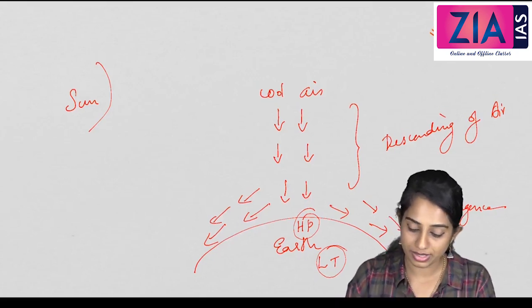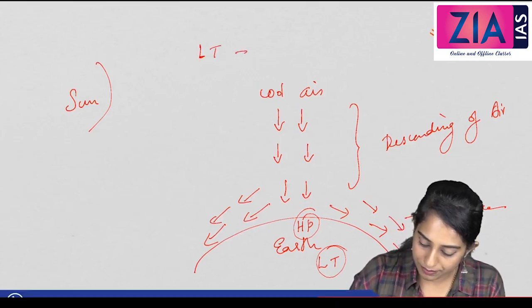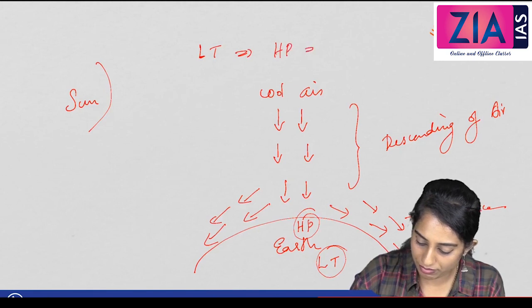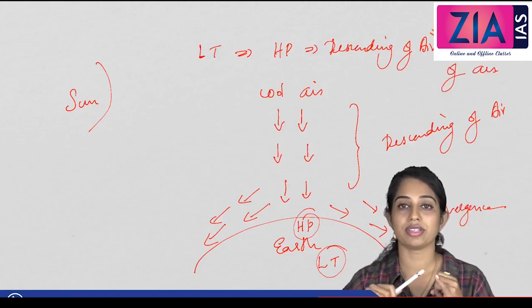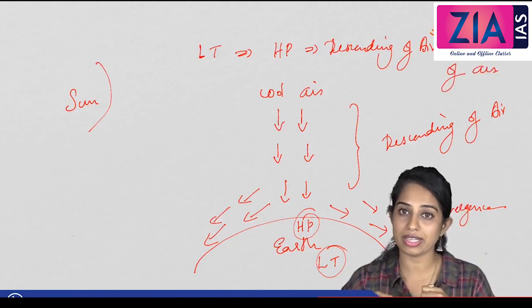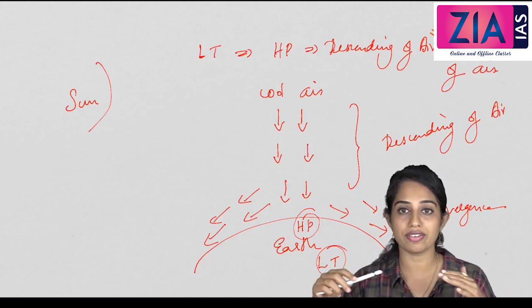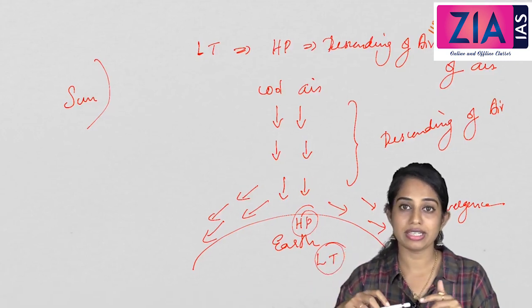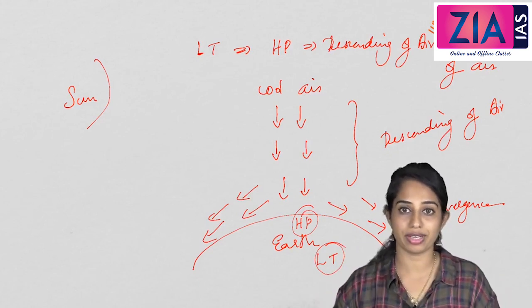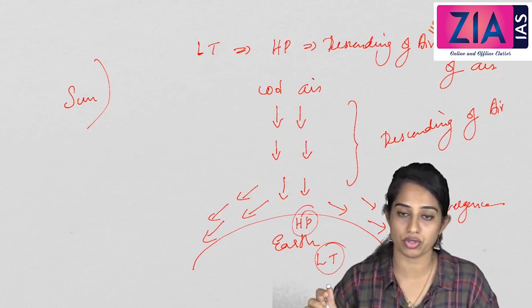So low temperature gives high pressure, which gives descending of air, which gives divergence of air. Low pressure area: high temperature, ascending of air or convergence of air. High pressure area: low temperature, descending of air or divergence of air. So this is with regard to low pressure and high pressure areas.